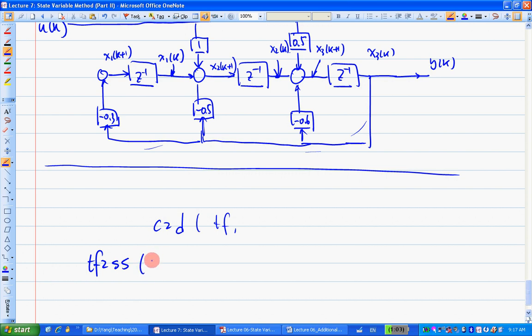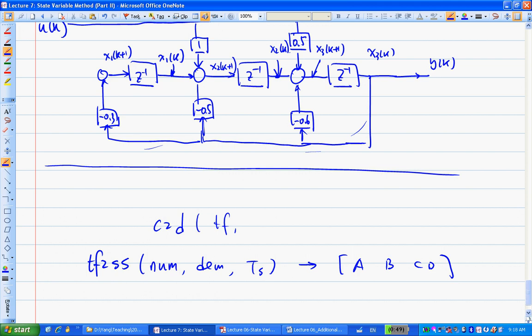So in this command, you punch in the numerator and denominator for the block, and then you give the sampling time here, and it'll give you a set of ABCD.